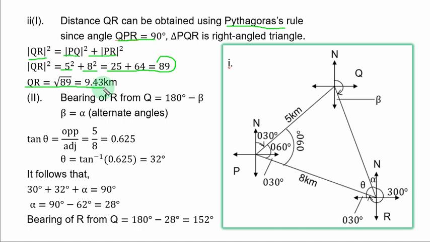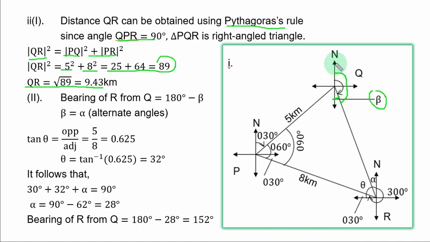Part 2 of figure 2, bearing of R from Q. Like I said, it is 180 minus this small angle that we denoted with beta. The bearing of R from Q, you go to Q and you start moving from north to that line that joins Q and R together.